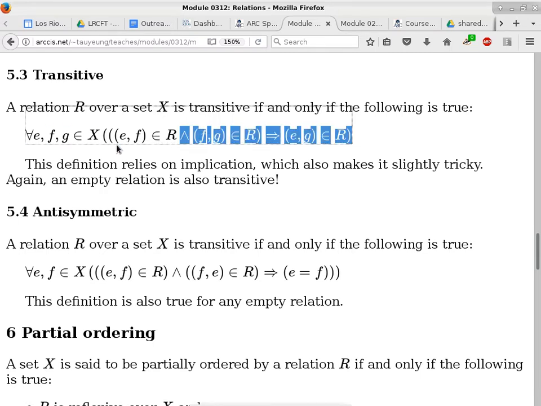So that means the conjunction itself is always false, but since the conjunction is the left-hand side of an implication, if the left-hand side of the implication is always false, then the implication itself is always true. We're done. Cool. Are we doing okay so far with this?